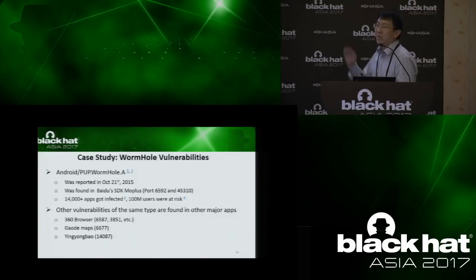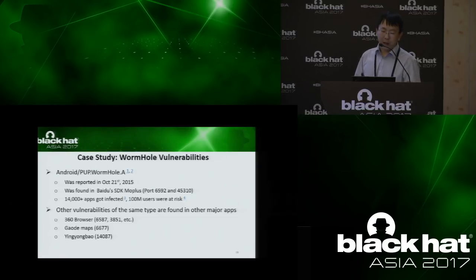So before I go to the scanning, I would like to introduce a case study about the WormHole vulnerability. This kind of vulnerability was first reported in 2015, and it was first found in Baidu's SDK, and it got 14,000 applications infected, and 100 million users were at risk by this vulnerability.